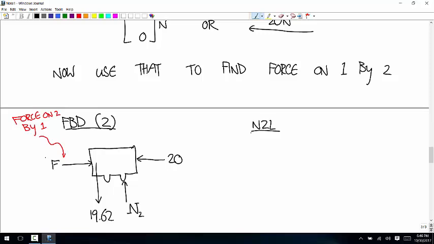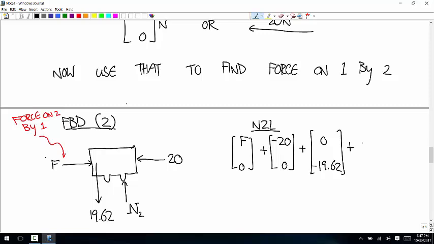So now Newton's second law says F, 0, plus negative 20, 0, plus 0, negative 19.62, plus 0, N2, is equal to the mass, 2, times the acceleration, 6 2/3, 0.